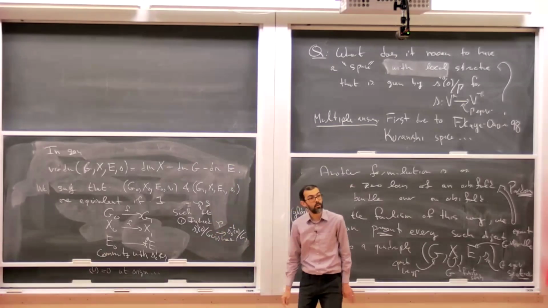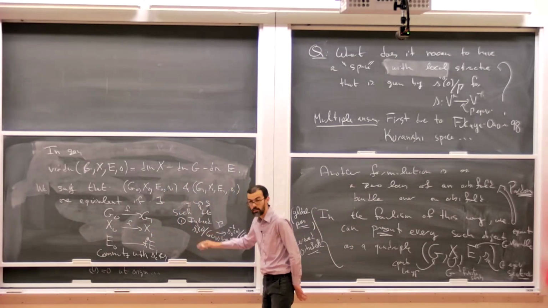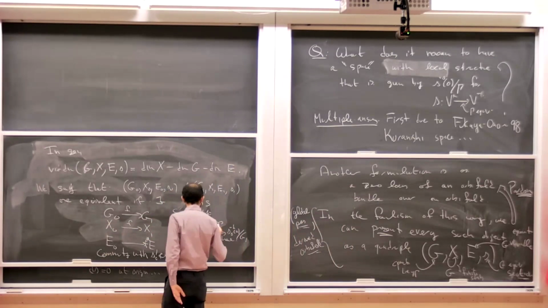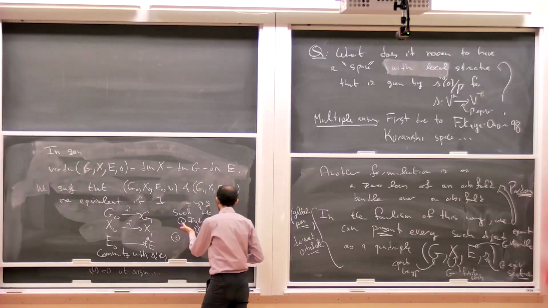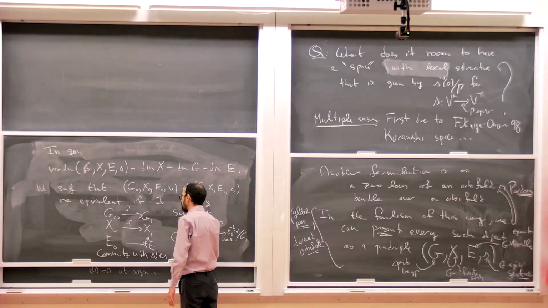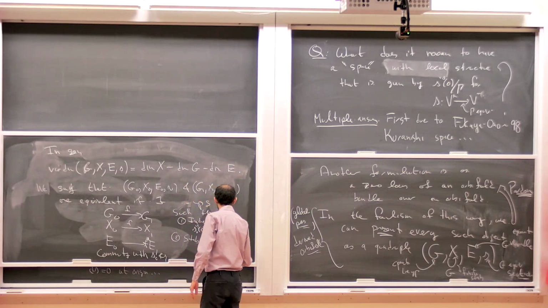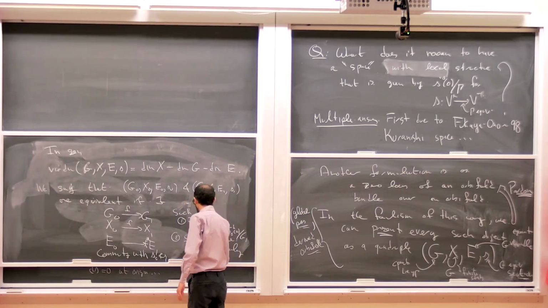Exactly what I had earlier, except I don't say it about the total space because I don't care about the total space. I care only about the zero locus. Two, along the zero locus, the map of stabilizer groups is an isomorphism.